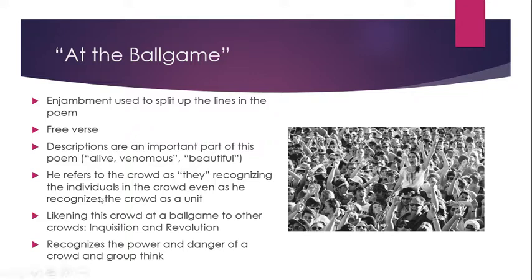By using this they, he recognizes that the crowd is made up of people, individuals, and it doesn't just exist as a unit. He likens and juxtaposes the crowd at the ball game with the Inquisition and Revolution, crowds that had the capacity to kill and to enact new ideas, but also to destroy.